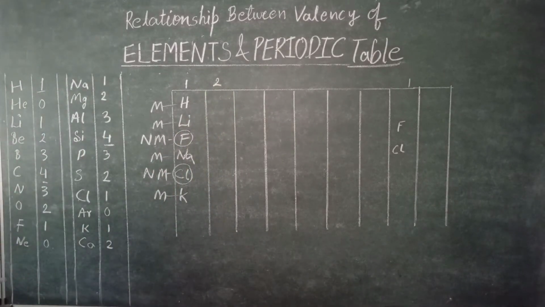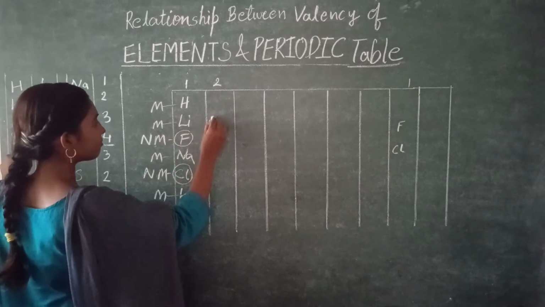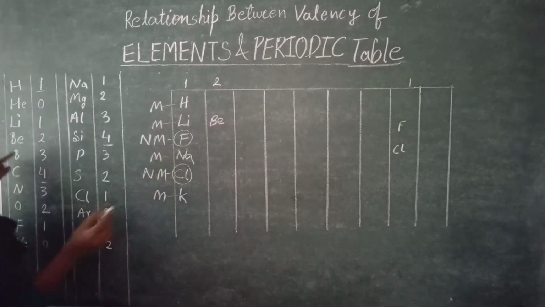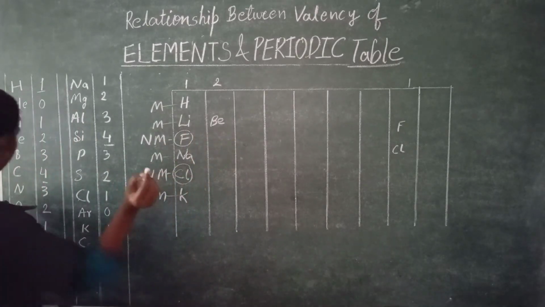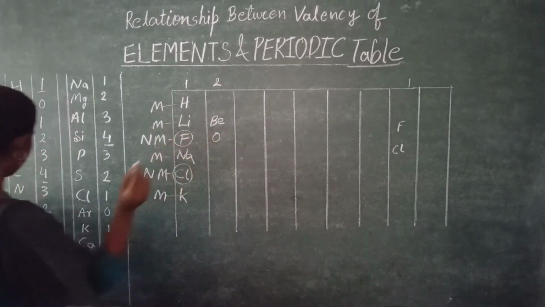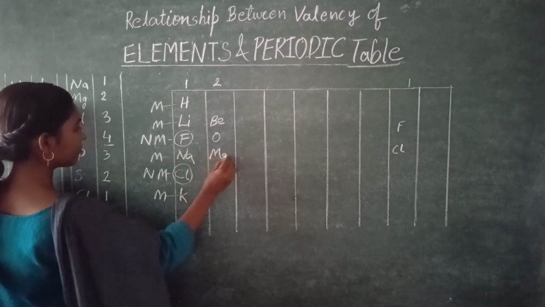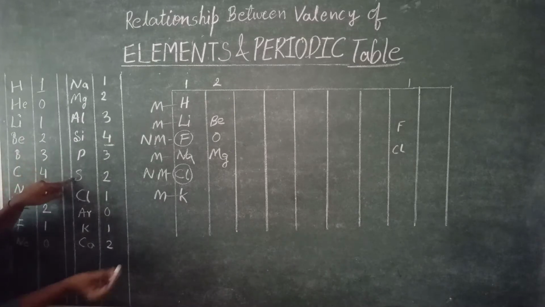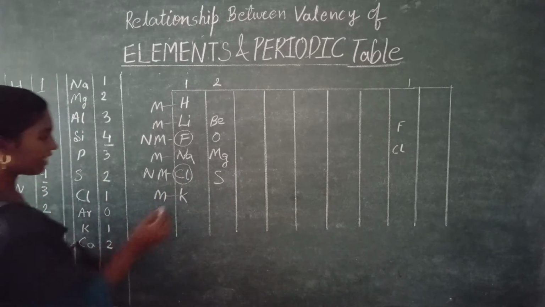Those who are having valency 2. Here, first one is beryllium. Second one, oxygen. Third one, magnesium. Then sulfur. Then calcium.